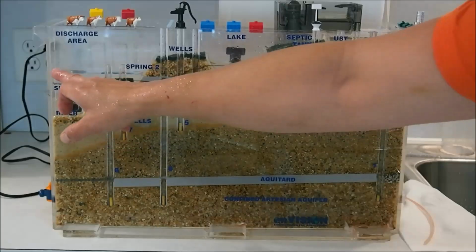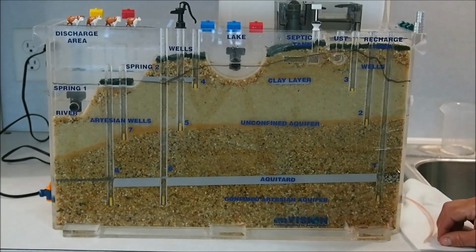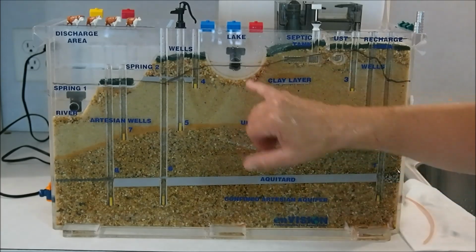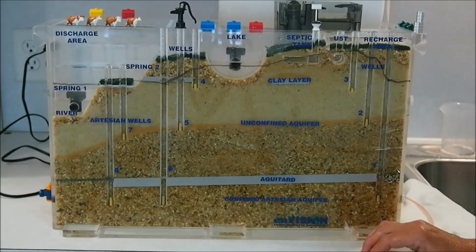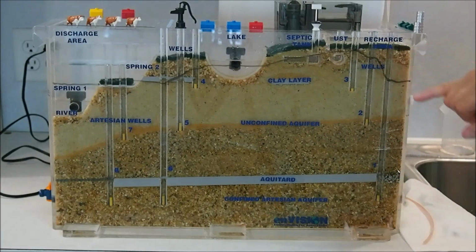Okay, so we can see our water level is rising. It's rising in our lake as well now. This one's moved up to here. This one's up to here. This one's moved all the way up to there. So all of our water levels have now risen from increasing our recharge.